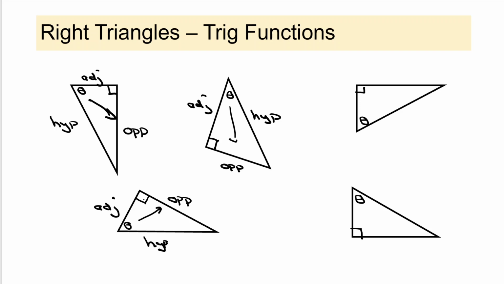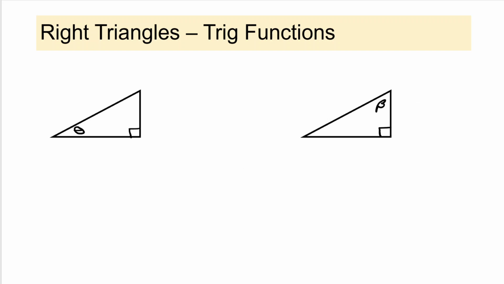Okay, one more little point I want to make before we leave this. We've been defining our sides relative to theta because we've been looking at sine theta, cosine theta, etc. Theta has been the argument of our trig functions.